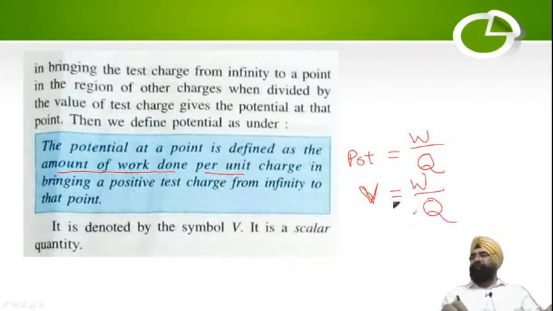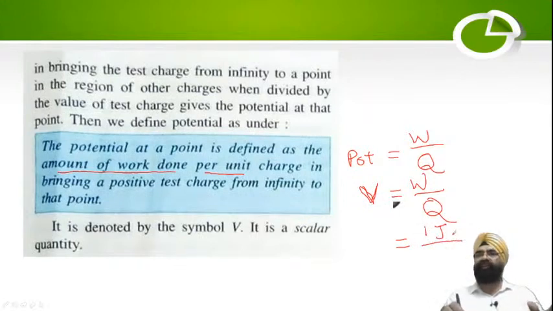We had understood this. We hadn't discussed the unit, so what is the unit? If I look into the unit of work, we have studied in class 9 that joule is the unit of work done or energy spent, and we just studied yesterday that the unit of charge is coulomb. So it becomes joule per coulomb.